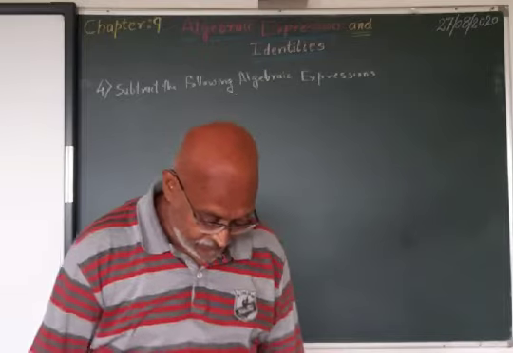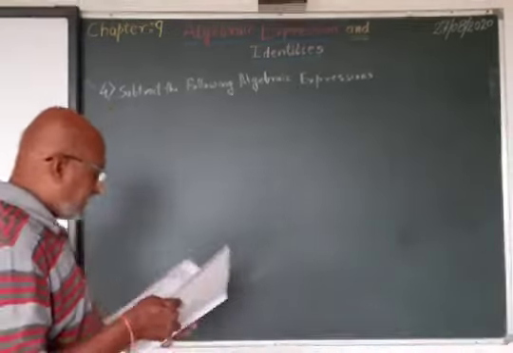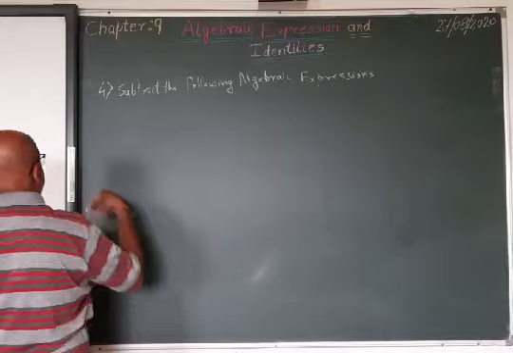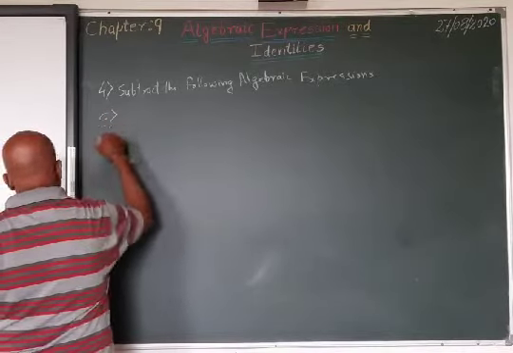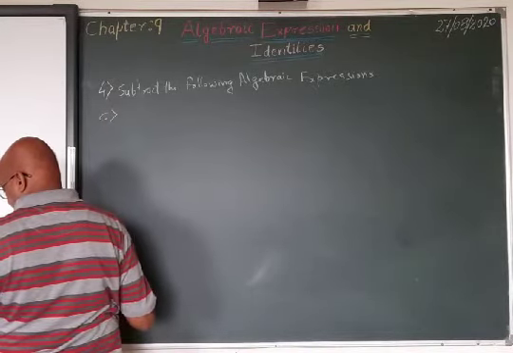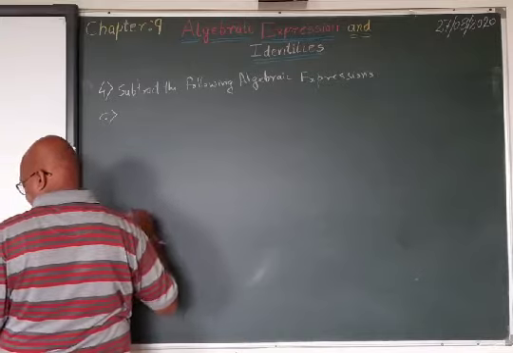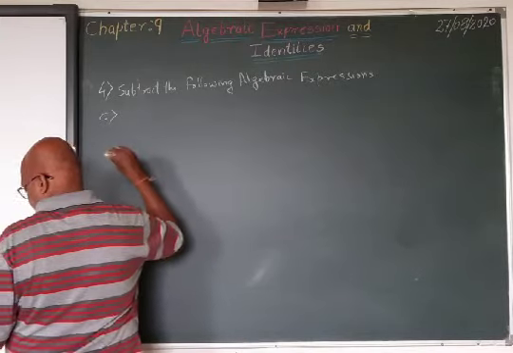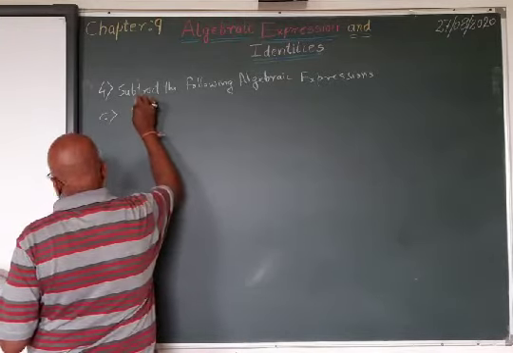Now in this, the third one, that is C. Two expressions are being given. They are big polynomials.